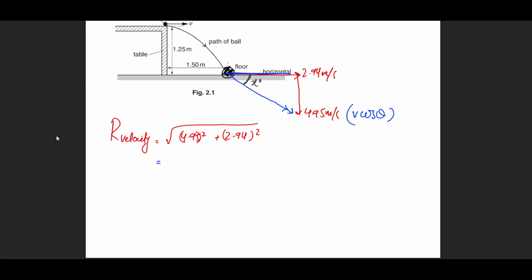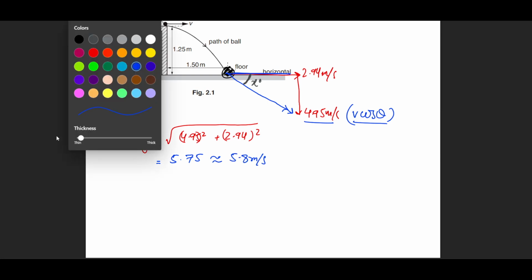I don't like that because it's easy to visualize values than to visualize v cos theta. Just an example, right? So this will be 4.95 whole square plus 2.94 whole square, and then take the under root. So the final resultant velocity comes out as 5.75, which will be rounded off to 5.8 meters per second.